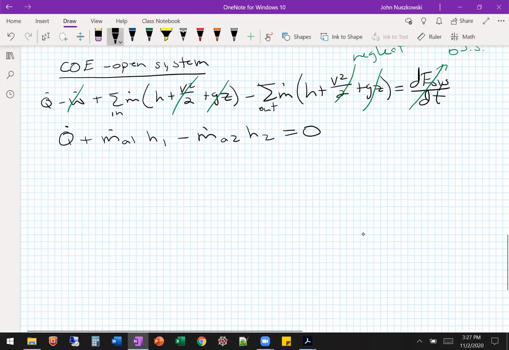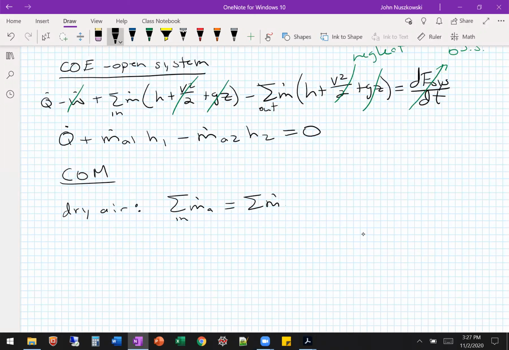Let's bring in our conservation of mass. Okay, so this is where, from the lecture, we saw we split this up. In the conservation of mass, we have the dry air section. And you see in the equations in the book, it already has steady state.